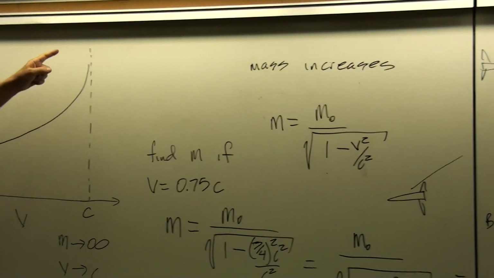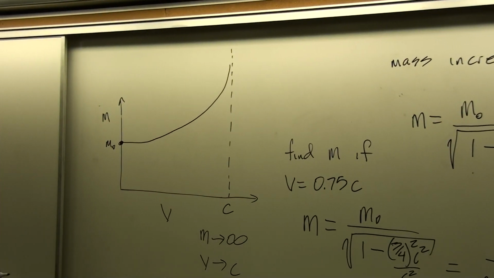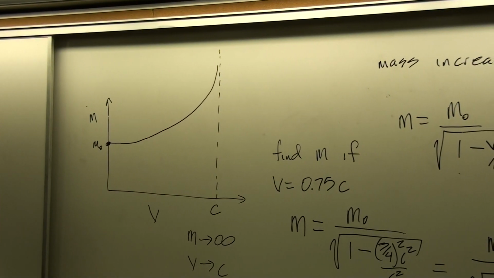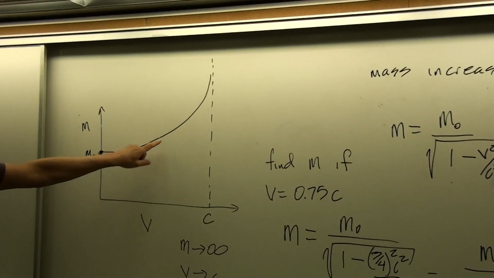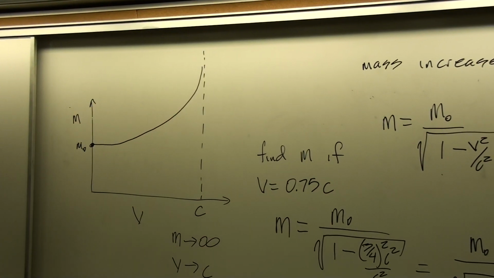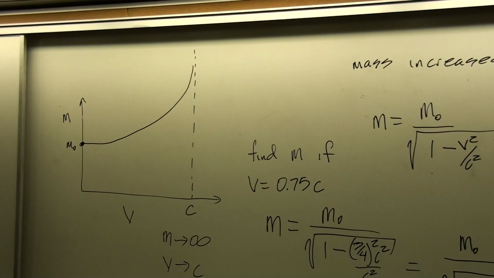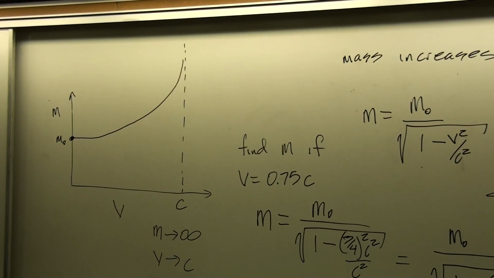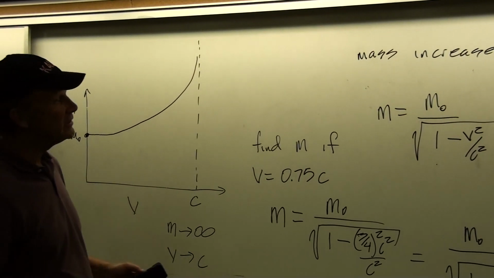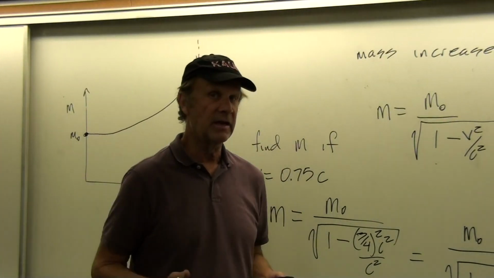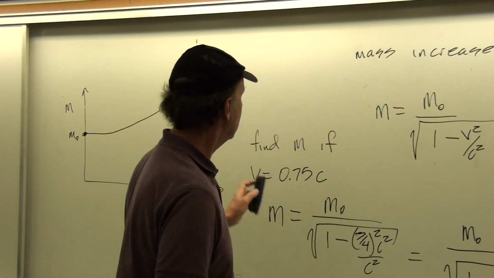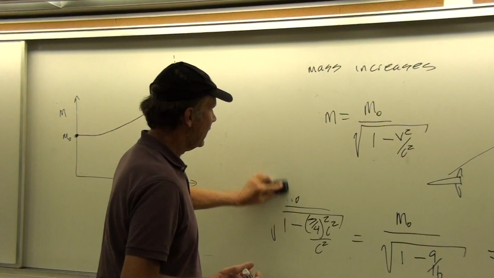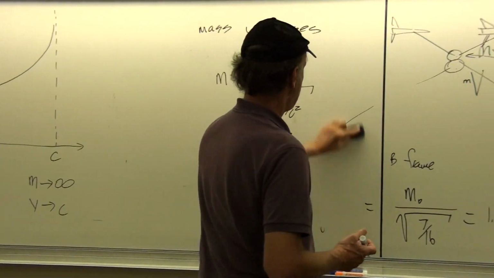And we see then that we get more and more of an increase of the mass as the velocity gets closer and closer to c. So we might wonder then, well, why don't we see this kind of a situation in our everyday experience? Well, let's try here a velocity of 0.1 c.